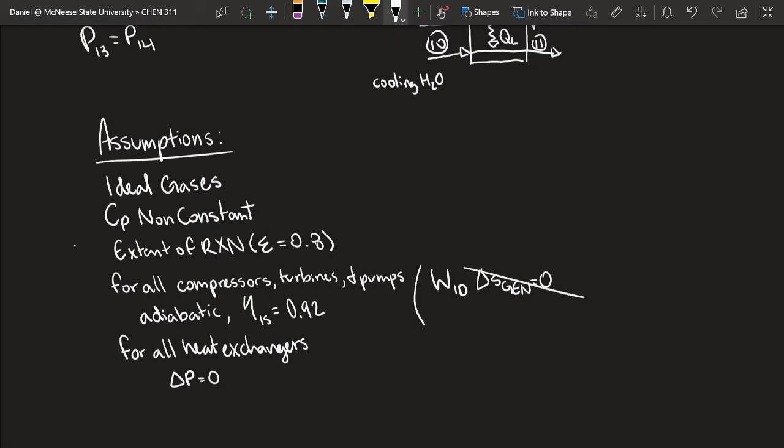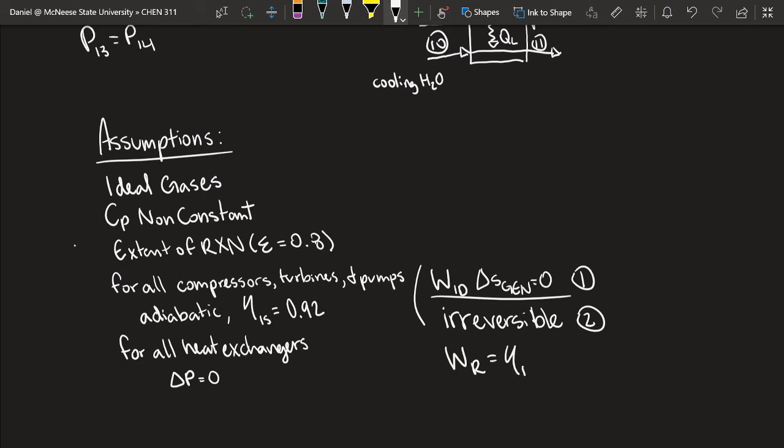Sorry, we'll just take that assumption away later and say that it is irreversible. I'll show this through the math, but then we're going to find the real work after. So we start out by saying this, step 1. So that's 1, and then 2, we say it's irreversible, and then we use the isentropic efficiency to find the real work.